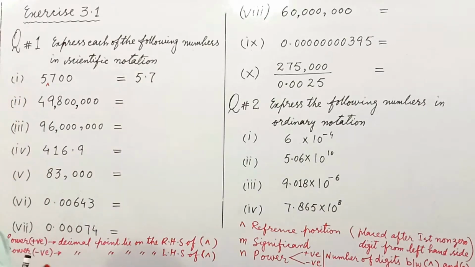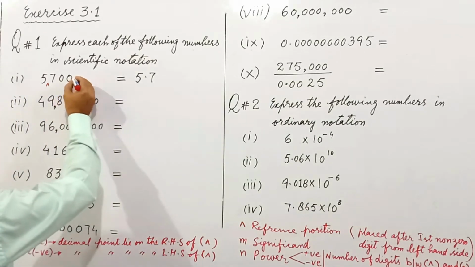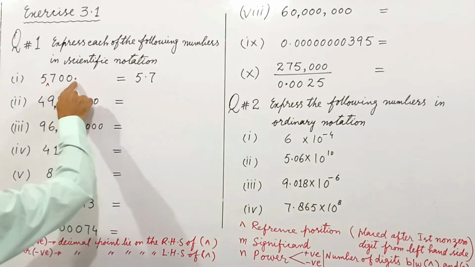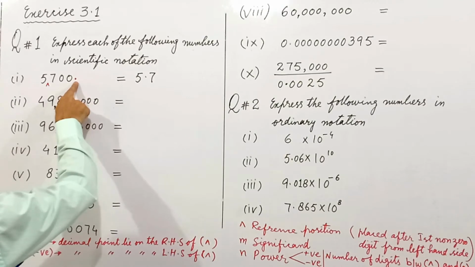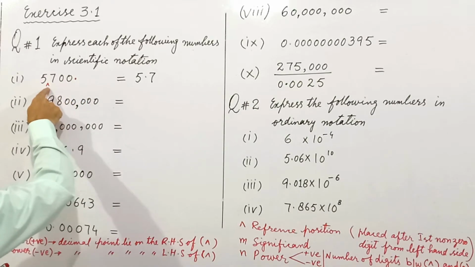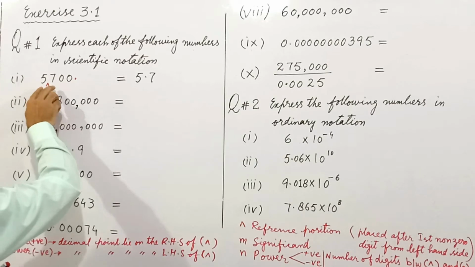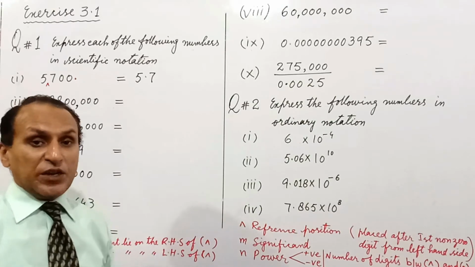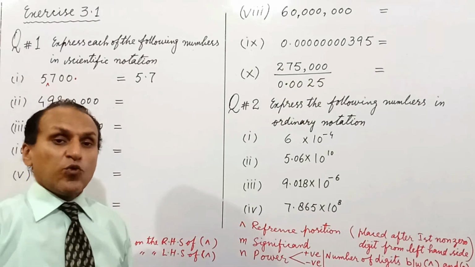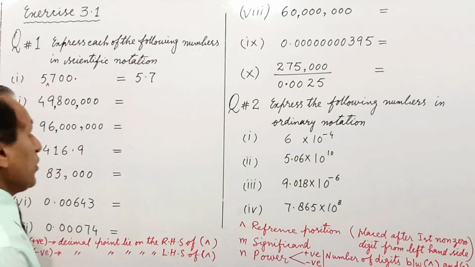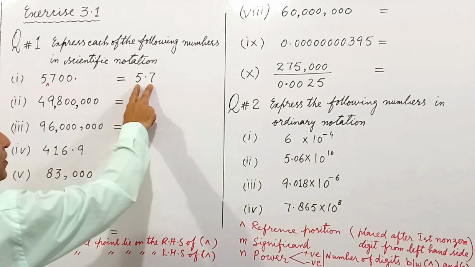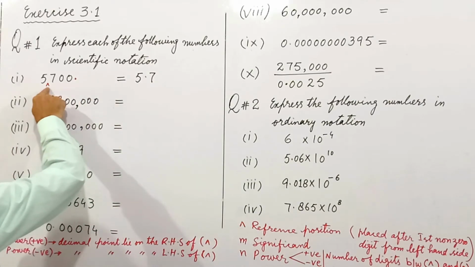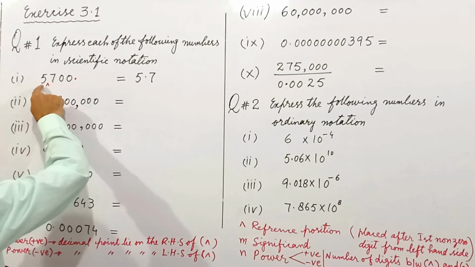The decimal point lies in such a number after the last digit, that is the original position of the decimal point, and the relocation of the decimal point gives us the significand, because according to the definition of scientific notation, the significand will lie between 1 and 10. So the number will be between 1 and 10, that is 5.7. For this, we have to put the decimal point between 5 and 7.